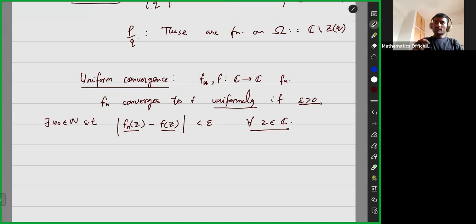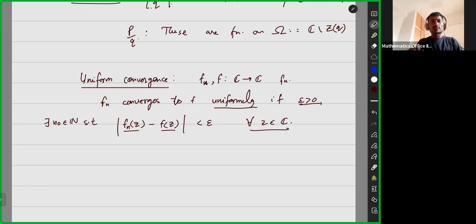I'll explain to you. Inside complex numbers, we don't have any order relation. Wherever we want to say something is very close or how close it is, we use real numbers. So why are we writing the modulus of Fn(z) minus F(z)? It was initially a complex number. Once we take the modulus, it becomes a real number, and we can compare two real numbers, not two complex numbers.